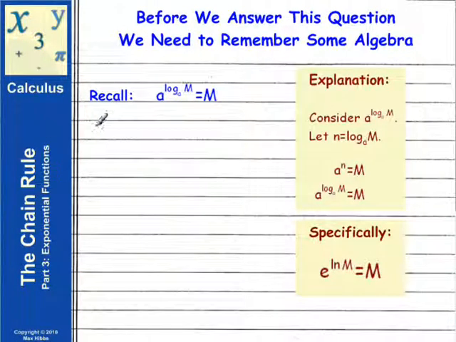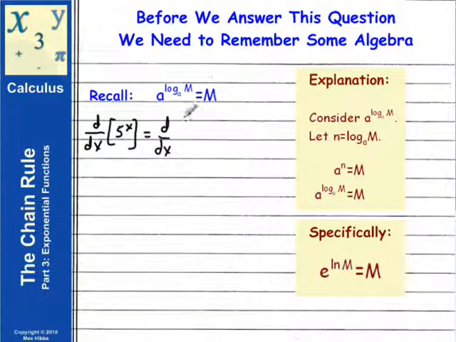Suppose we wanted to know, for instance, the derivative of 5 to the x power. Let's just use this as an example. Well, from the discussion we've just had, I can replace 5 to the x power with e raised to the power natural log of 5 to the x power.